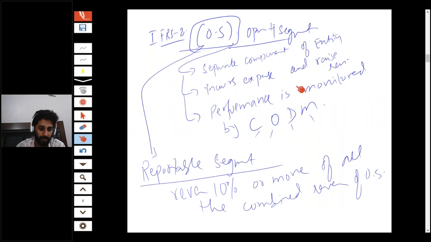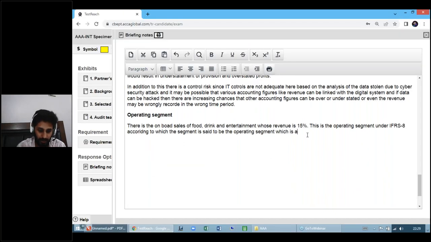You should write all these three things: it is a separate component of the entity, incurs expenses and generates revenue separately, and its performance is monitored by the chief operating decision maker.